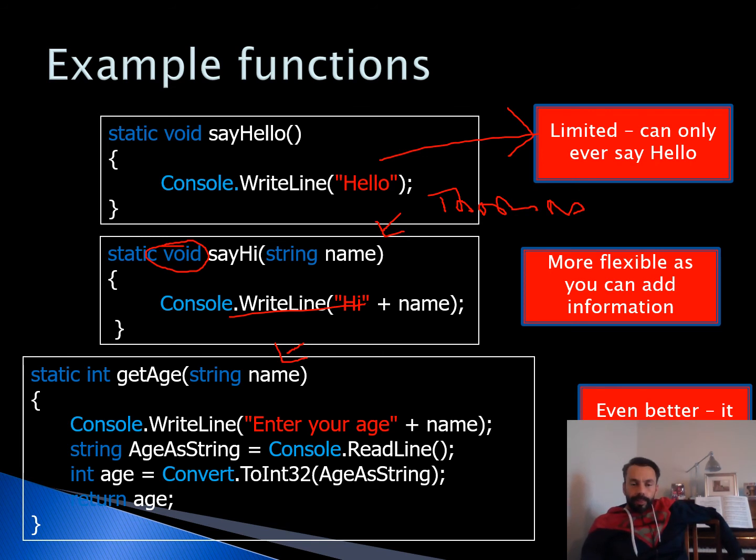Anyway, so you're then reading that, and then what we have to do is pass that to that age string. Okay, so that's a variable that you defined, age as string, and you're reading that in as a user input. And then, of course, you're having to convert that to an integer.